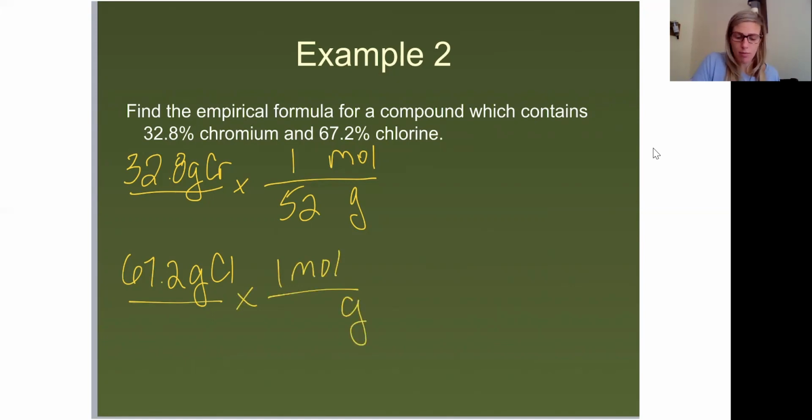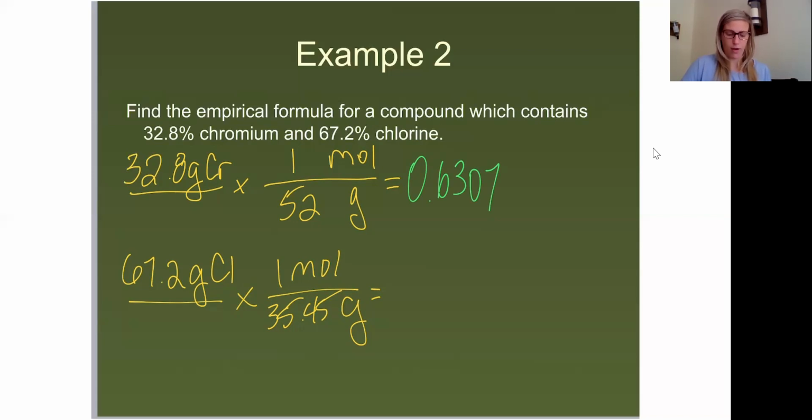Chlorine off the periodic table is 35.45. Now I calculate the moles for each one. 32.8 divided by 52, I am going to get 0.6307, and 67.2 divided by 35.45 comes to 1.8956.